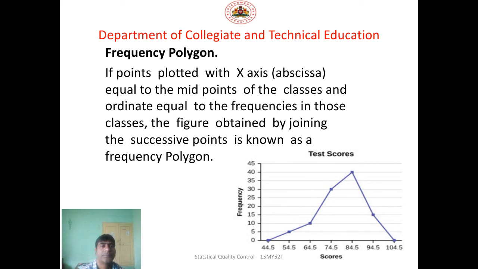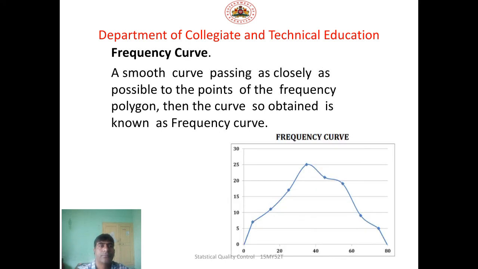Next we will see frequency curve. So what is this frequency curve? A smooth curve passing as closely as possible to the points of the frequency polygon, the curve obtained so is called a frequency curve. So it is same as the previous frequency polygon. Here the only difference is we are joining the points through a smooth curve.